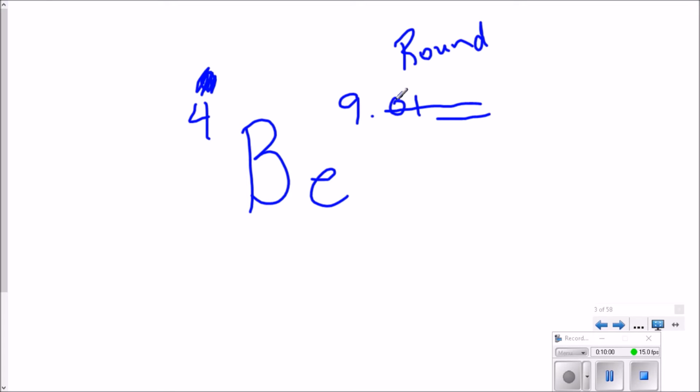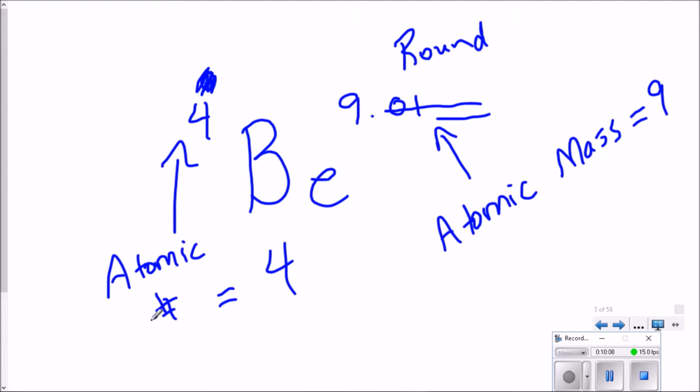So let's talk about what these numbers mean. Again, the smaller number is the atomic number, a bigger number is the atomic mass. The atomic number, if you recall, tells you the number of protons. So in this case, we know that we have 4 protons. The atomic mass, which tells you how much the atom weighs, remember that the mass comes from 2 subatomic particles. It comes from the protons plus the neutrons.